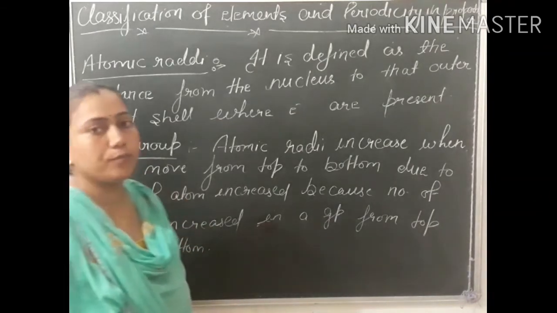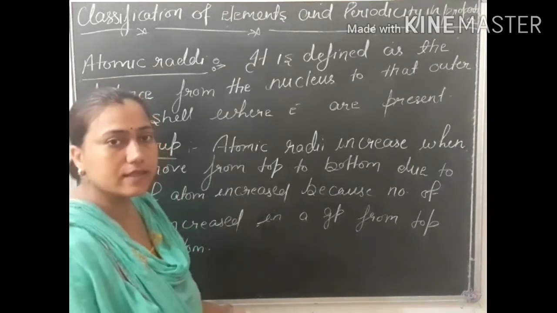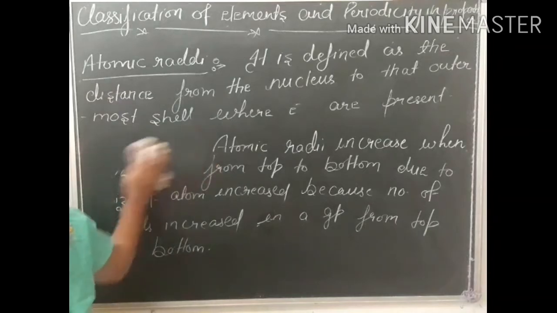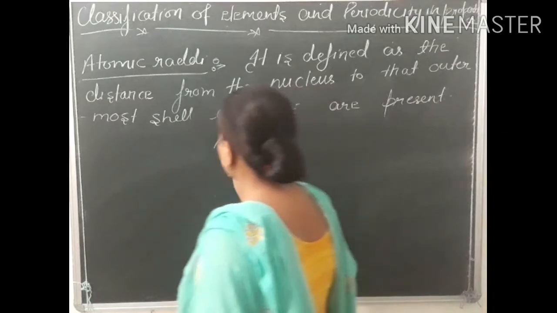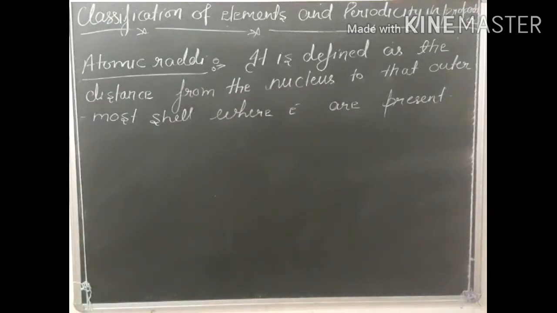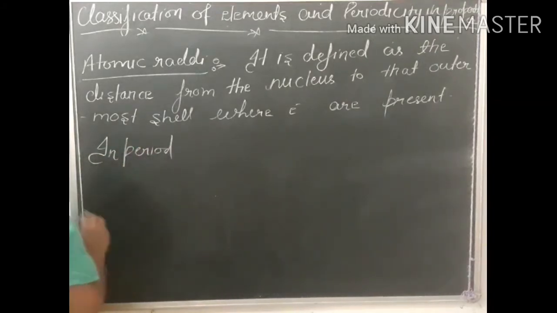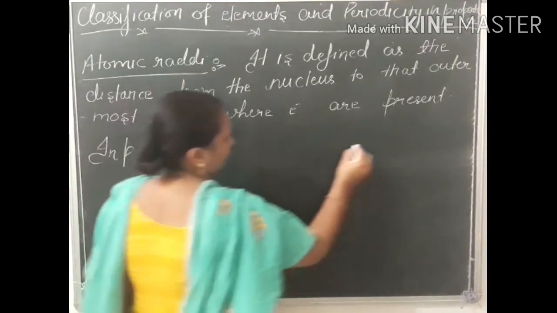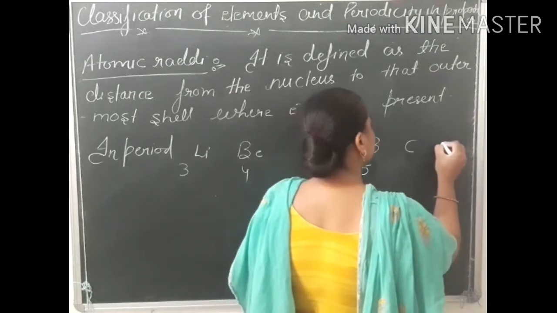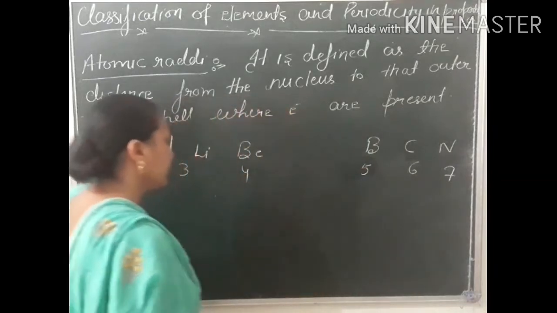But in the case of periods, the atomic radii decrease, and we can see why here. In a period, when we move from left to right, from lithium to nitrogen, that is atomic numbers 3 to 7.